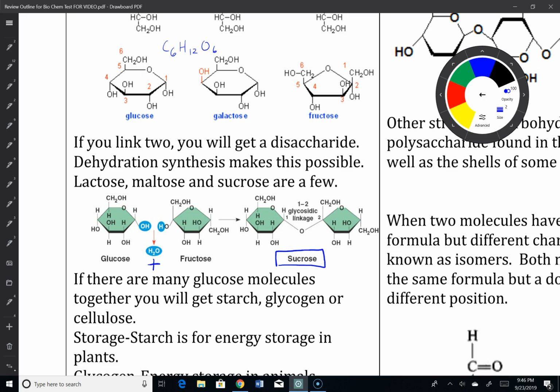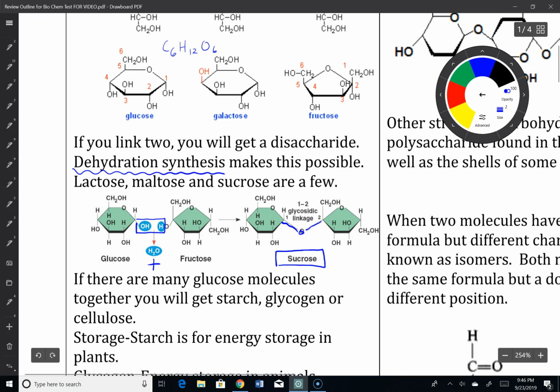In order to do that, there's not enough bonds, so you have to remove something. If you look here, you will see that the H2O disappears, freeing up bonds, making what's called a glycosidic linkage. That is found right here. Since the water left, this is called dehydration synthesis.